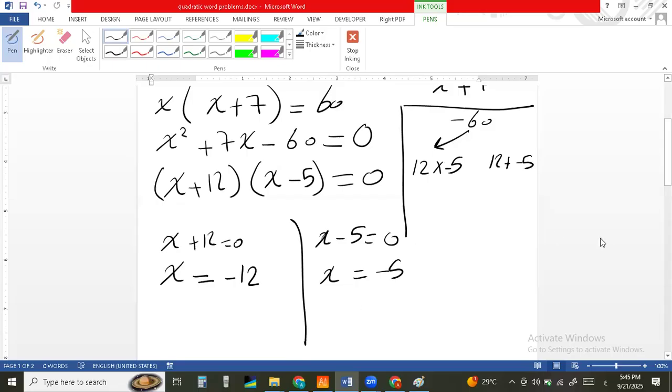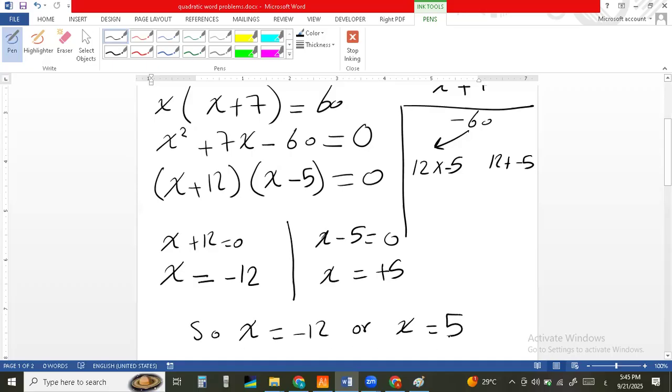We used to say x equals negative 12 or x equals positive 5. Good? All right.